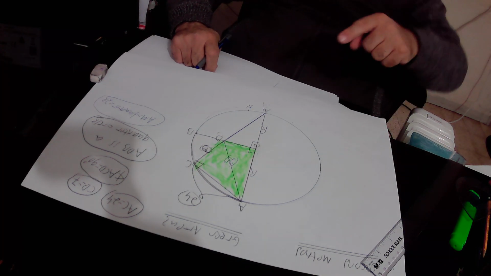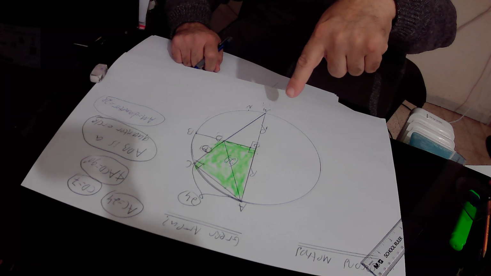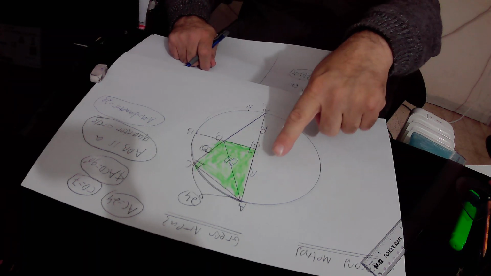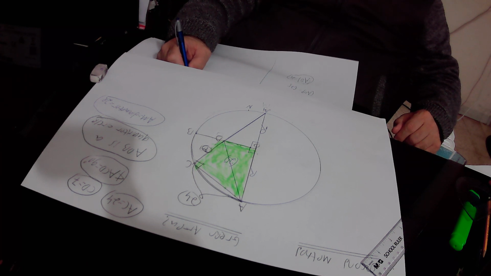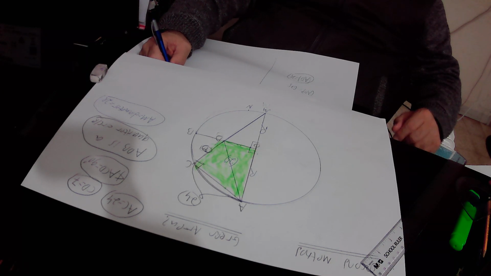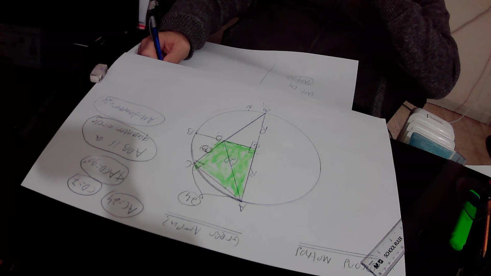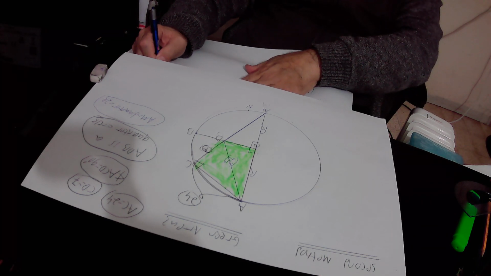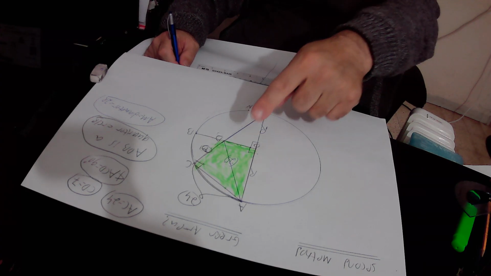In the next step, we prove that the green right triangle AOD is congruent to the white right triangle MOD. Why are those two right triangles congruent to each other?